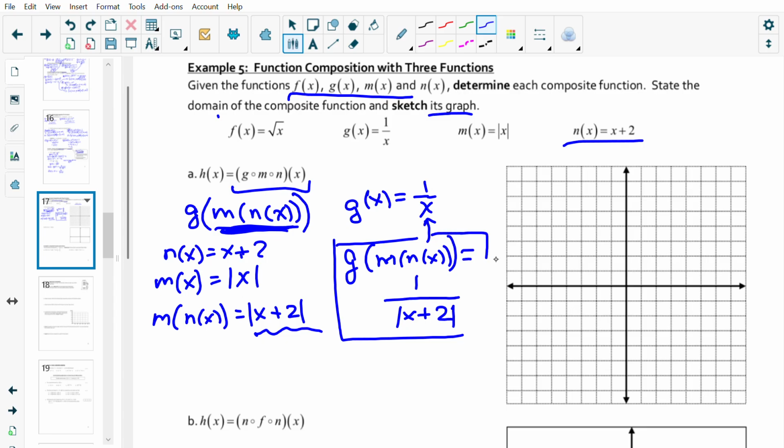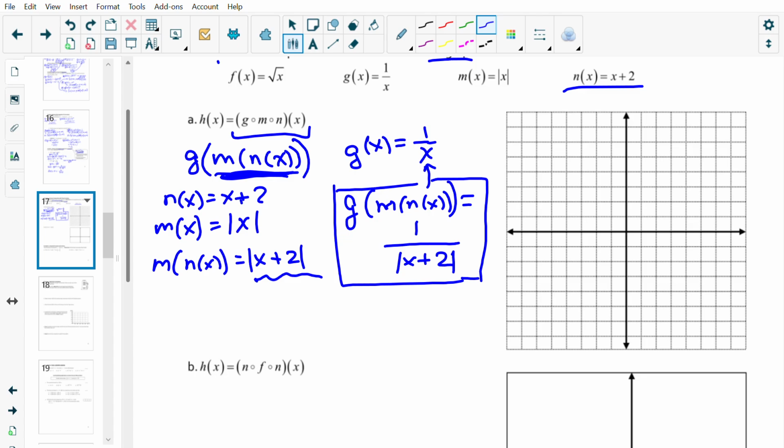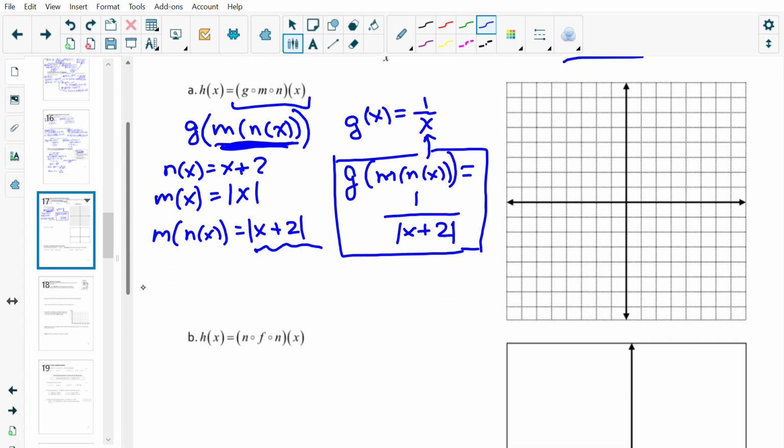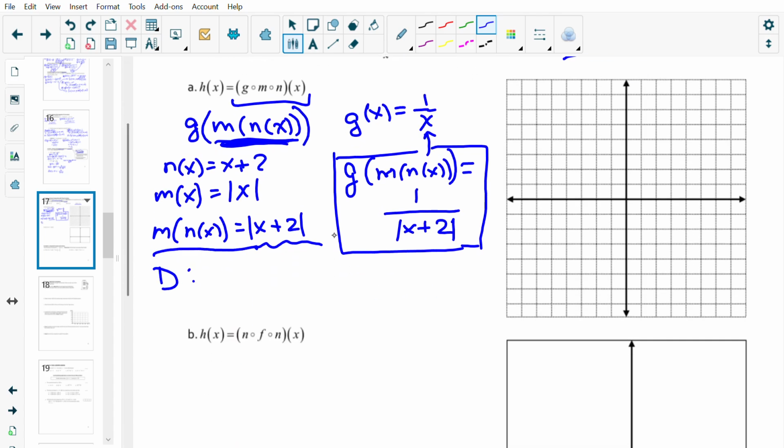Here's our composite function with 3 functions composed. Let's see, what do they want? State the domain. So the domain of this composite function is x such that x does not equal negative 2.